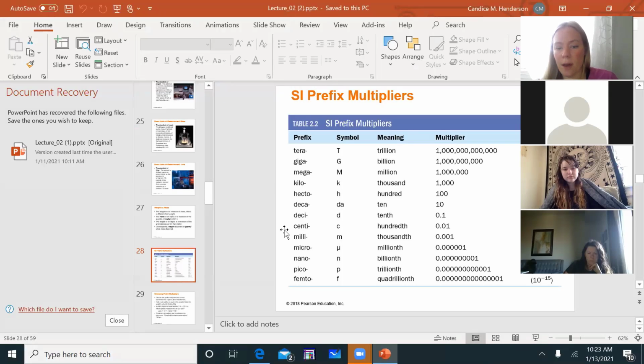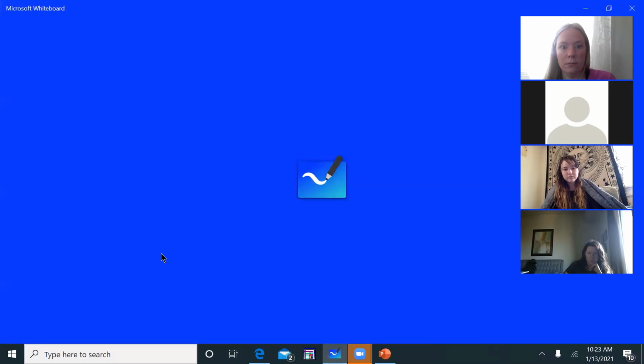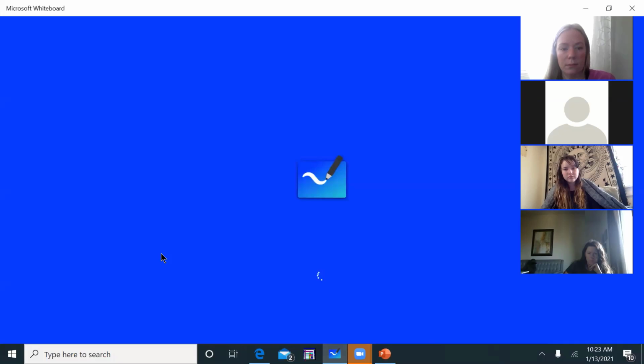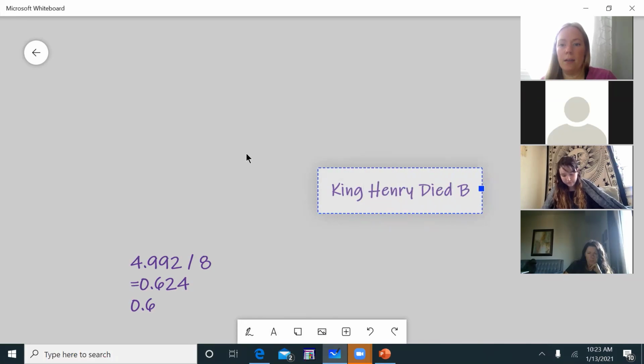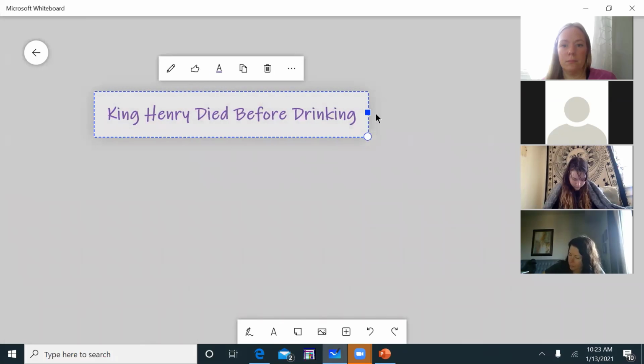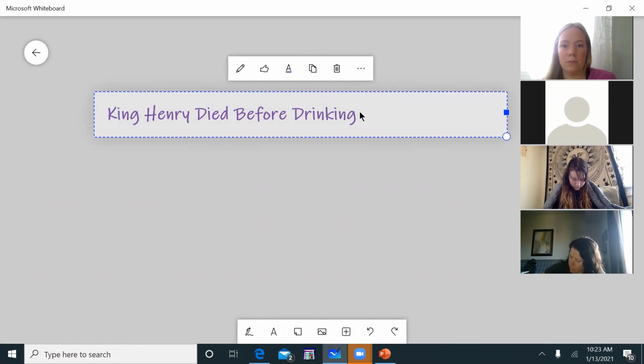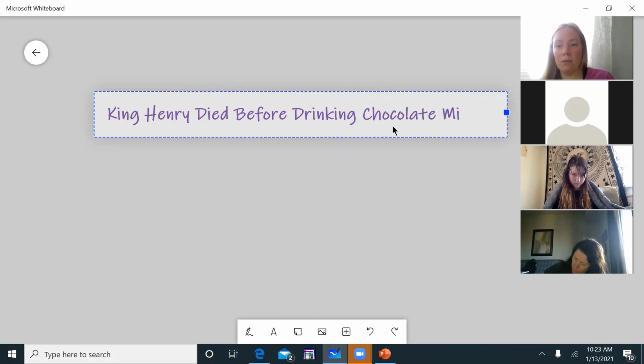One way that I remember these sort of smaller internal ones is: King Henry died before drinking chocolate milk. That will get you through at least the internal ones, not the bigger ones and the smaller ones.